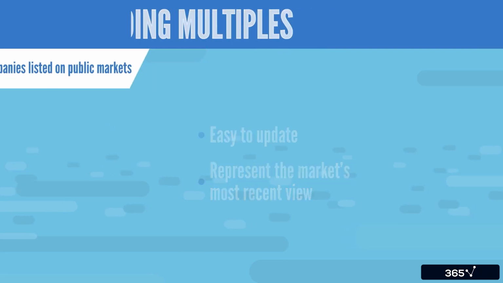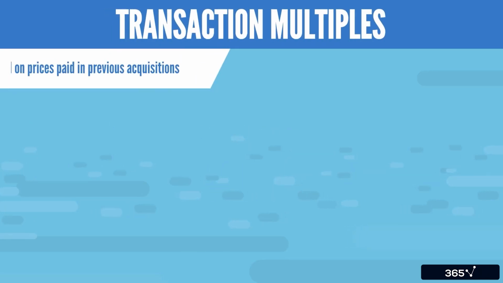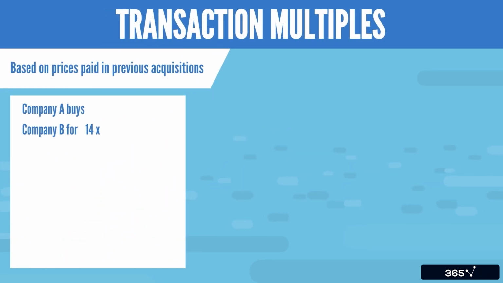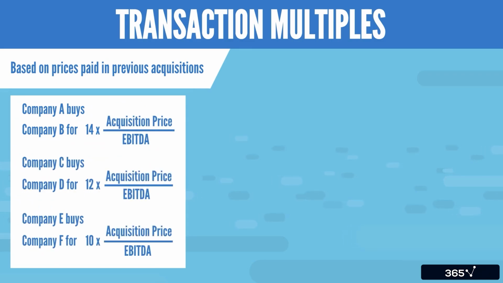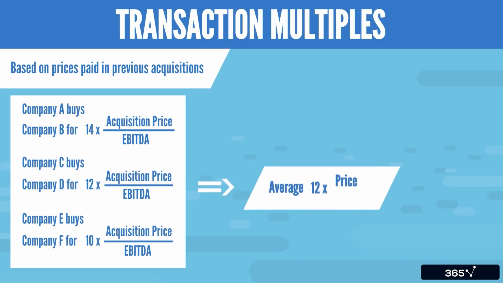Transaction multiples, on the other hand, are the ones based on prices paid in previous acquisitions. A transaction multiple looks at an M&A deal of comparable companies and uses the purchase price to arrive at a valuation. A popular example of a transaction multiple is price paid at acquisition divided by EBITDA.